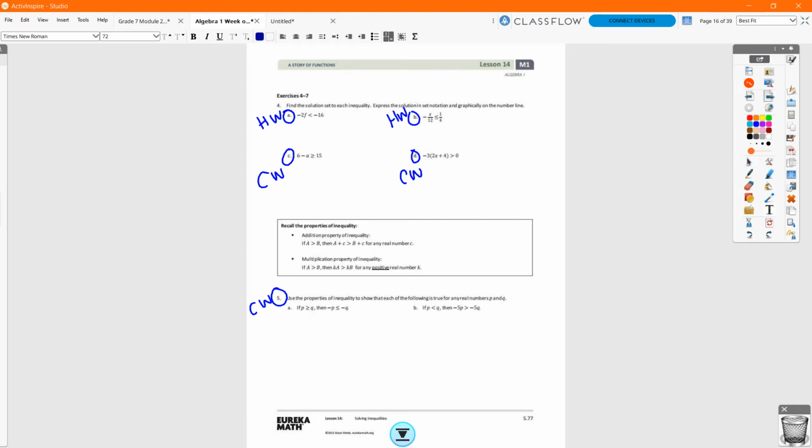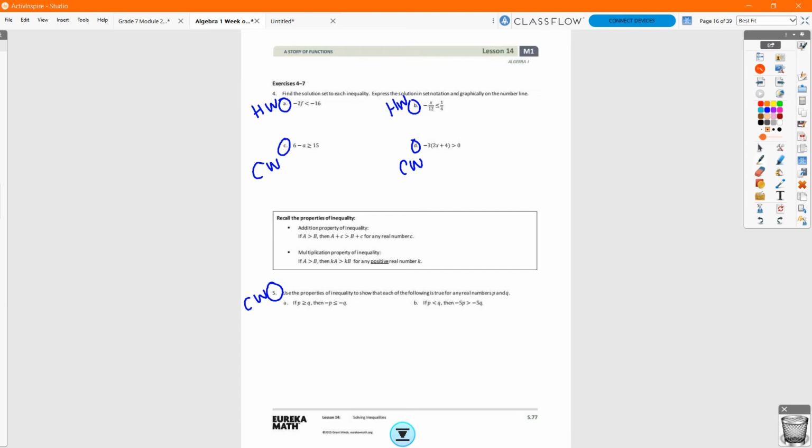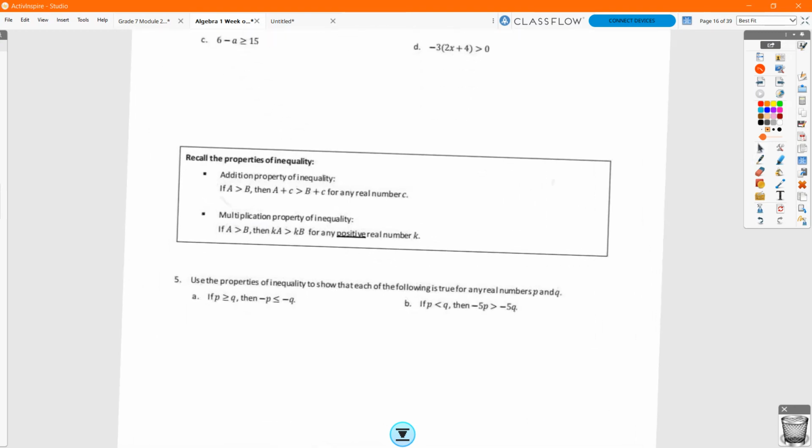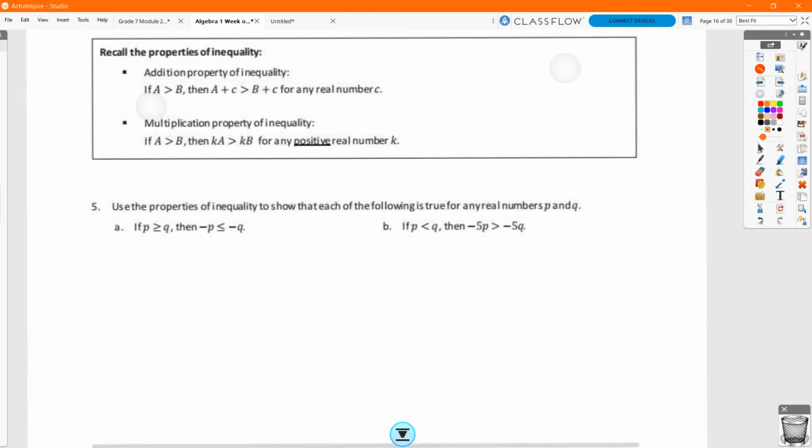So here's the thing, we're going to pick up right here. Not like that, though. We're going to pick up right here. All right? But I'm going to zoom in so we get close. All right, so recall the properties of inequalities.